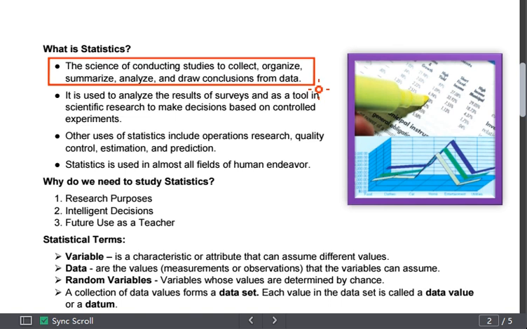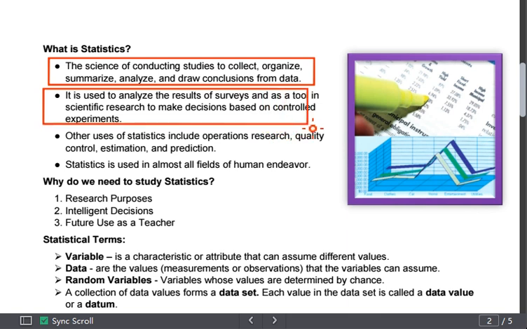So, kay statistics, we are gathering data. After gathering or collecting the data, we are organizing it. And how will we summarize the data? So, we will use a lot of formulas, and we will encounter that in our next lessons.